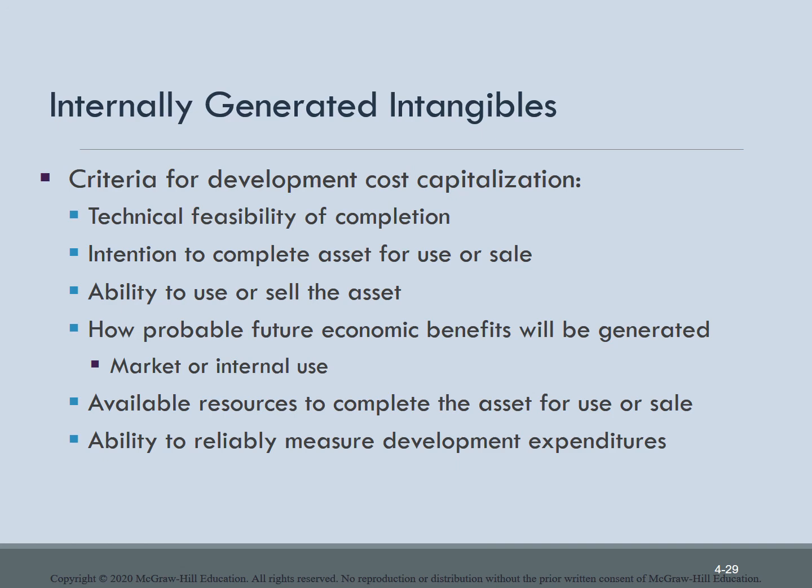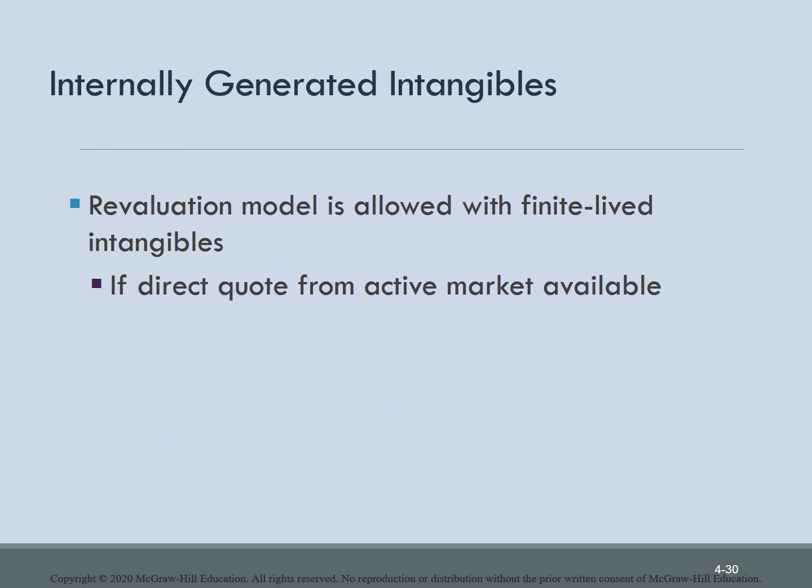You have to be able to differentiate those from your research expenditures. Once again, for these intangibles, revaluation is allowed for finite-lived assets if a direct quote from an active market is available, or in other words, a level 1 fair value estimate.